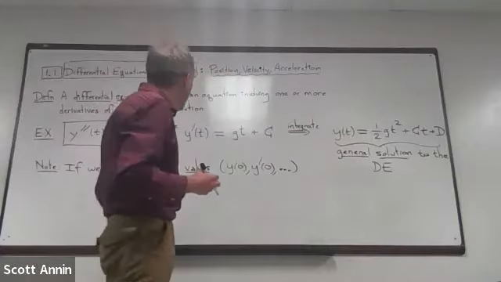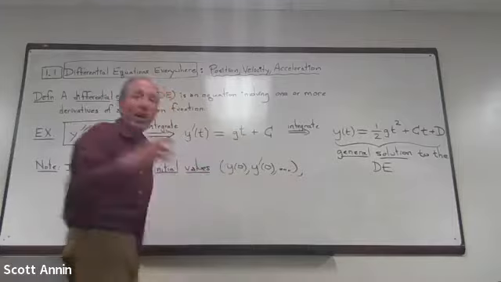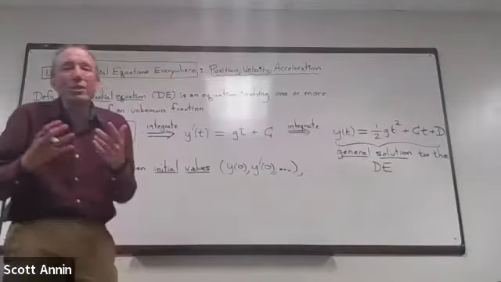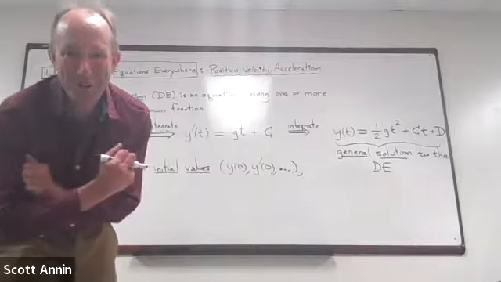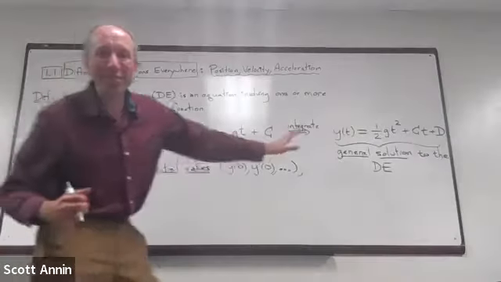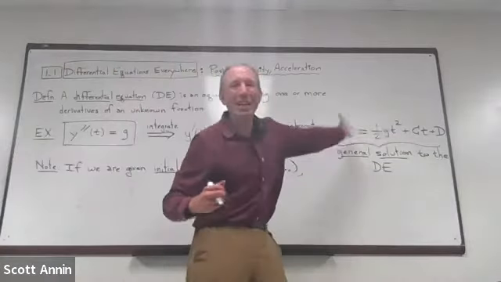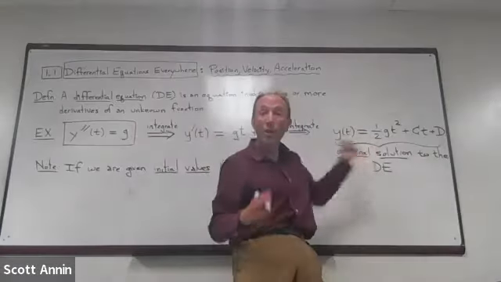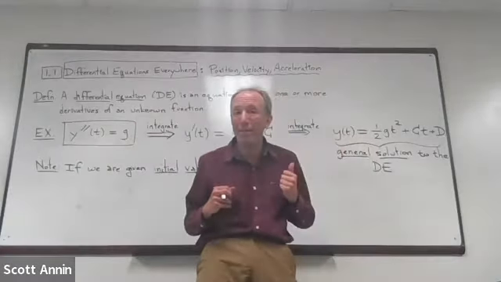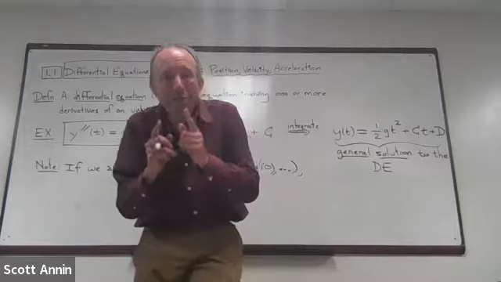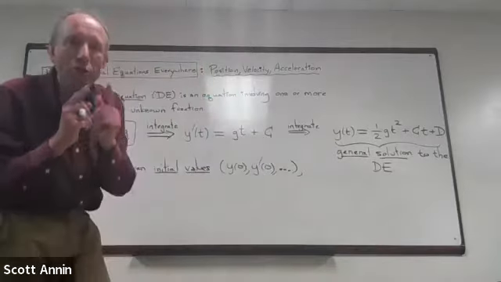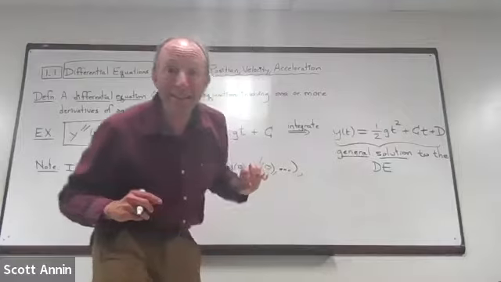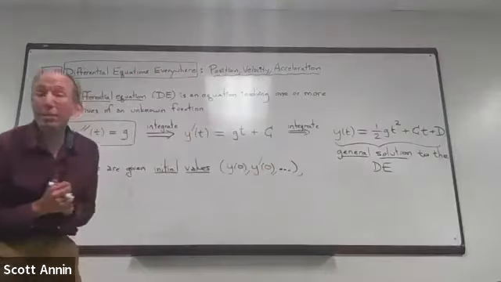Then we could find the specific values of C and D, and this is what is called a particular solution. So the general solution is like this whole family of many, many possible parabolas in this case that solve our differential equation. But we can actually find a particular solution within this enormous family if we're given some initial values.